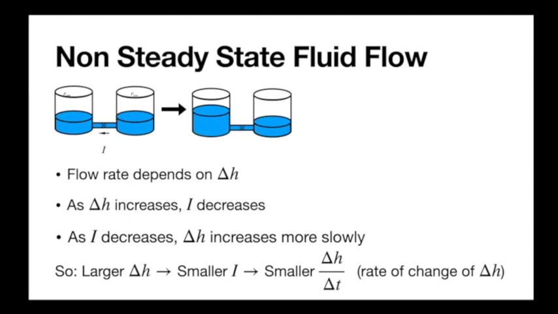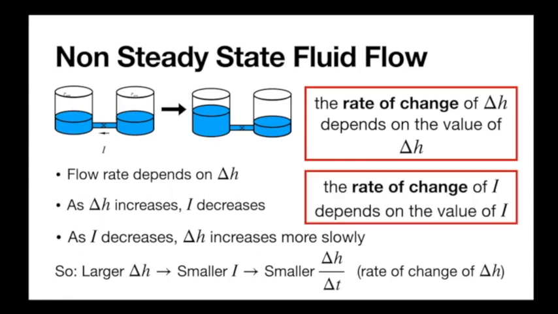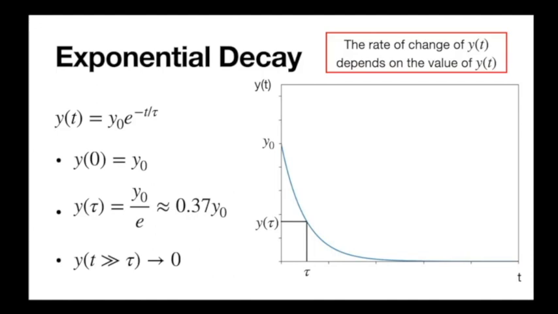So ignoring this middle step for now, what we're finding is that the value of H, the growth of H, affects the rate of change of H. So if I tell you just what the height difference is, that tells you something about how quickly the height difference is changing. And the same thing is true for the current. If I tell you what the current is, that tells you something about how quickly the current is changing. And the way we describe this type of thing is with exponentials.